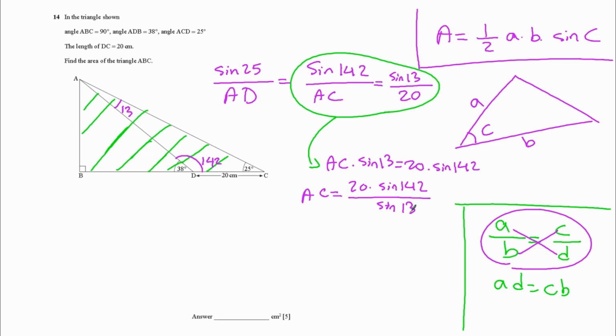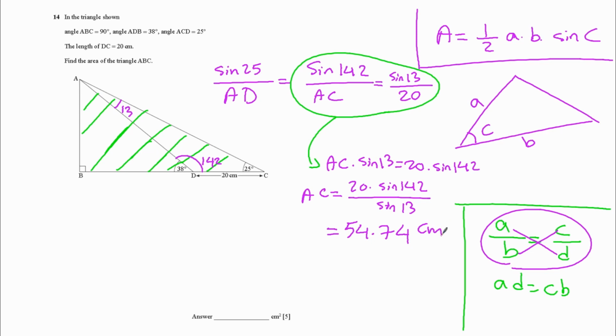So the answer is 54.74. I'm going to round it to 2 decimal places. 54.74. Now we can write the unit as well, which is centimeter. So that is the value for the AC.